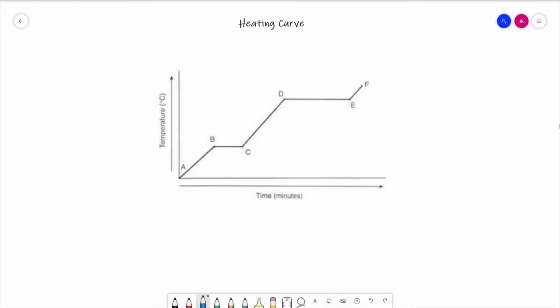So when we bring all of this back together with the heating curve then, so we've already said that here A to B, here C to D, and here E to F is when we are heating the various states of matter. So in those three areas on the graph, we're going to apply the specific heat capacity equation.